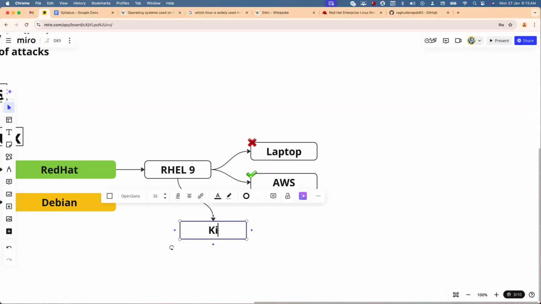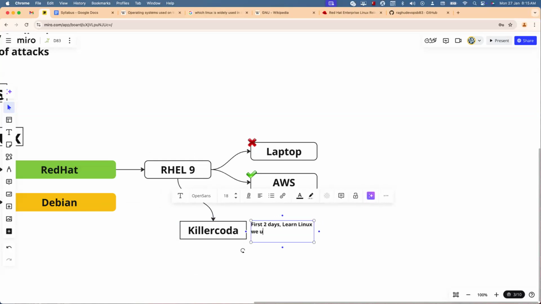I'm going to use a website called Killer Coda, where you will get a Linux machine, just for the first two sessions to learn Linux.